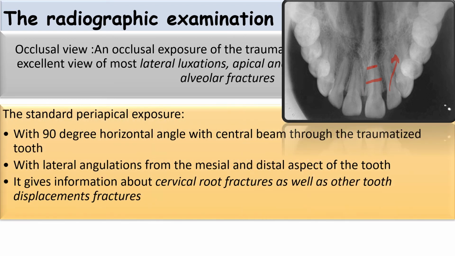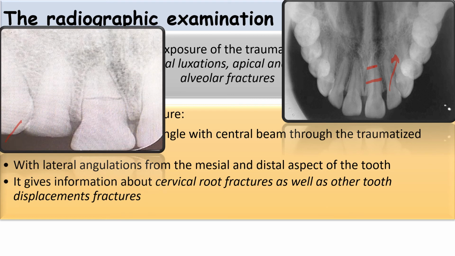The next view is a standard periapical exposure with a 90-degree horizontal angle with the central beam through the traumatized tooth. In this exposure, you can see there is a fracture line passing through the midroot. Next is lateral angulation from the mesial and distal aspect of the tooth. These views give information about cervical root fracture as well as other tooth displacements.